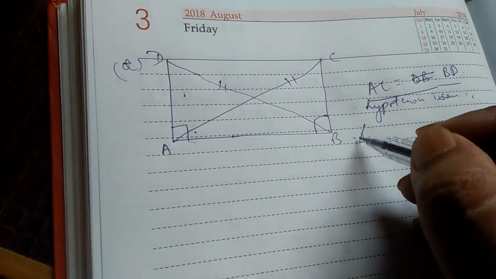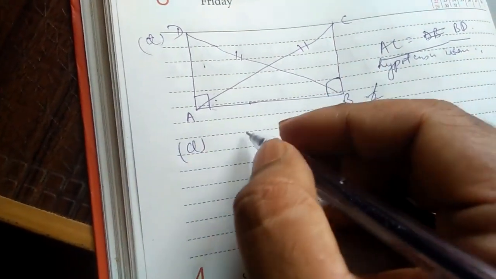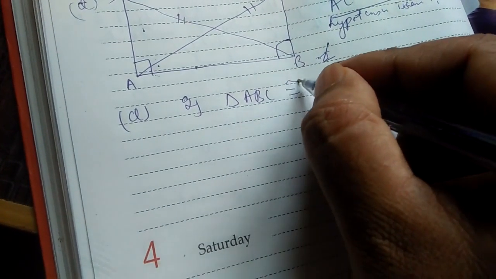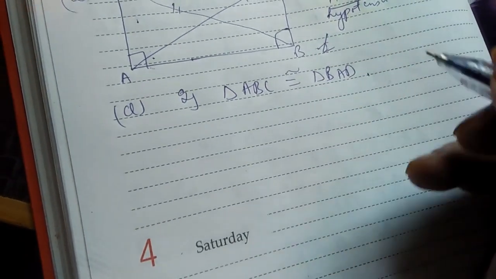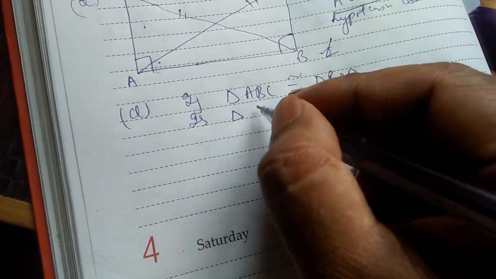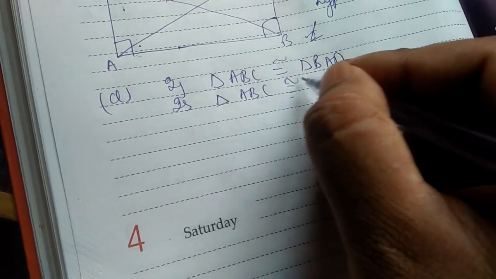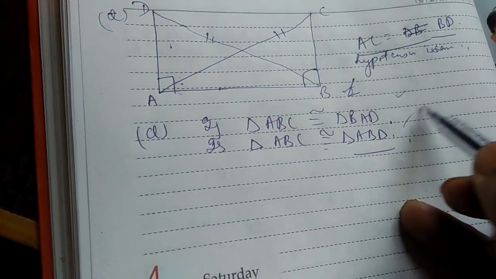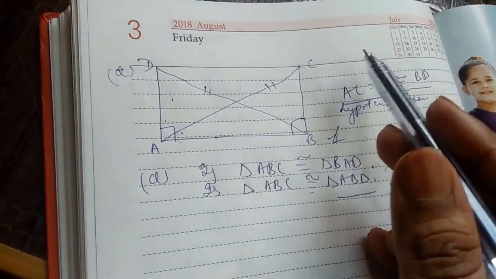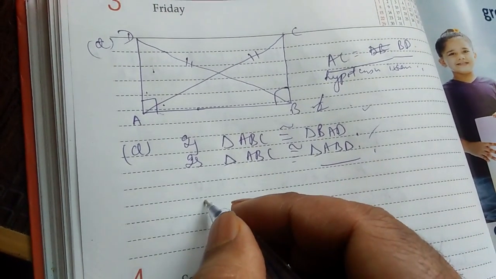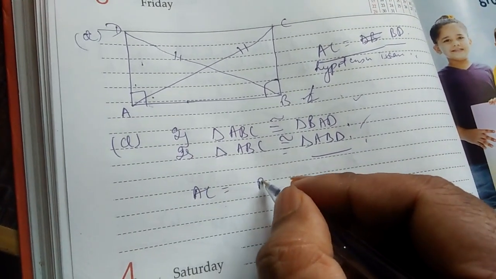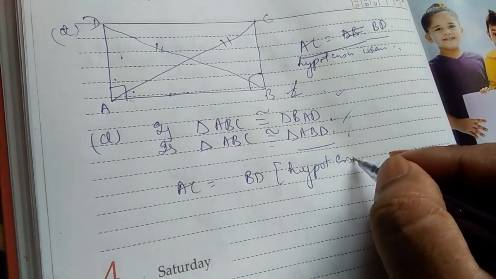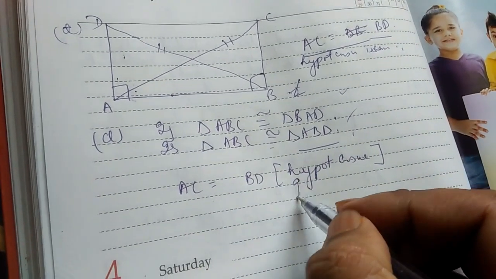So the question is: is triangle ABC congruent to triangle BAD? Is triangle ABC congruent to triangle ABD? This is the question. Let's see. There are two triangles in this. So AC is equal to BD, hypotenuse, given that they are equal.